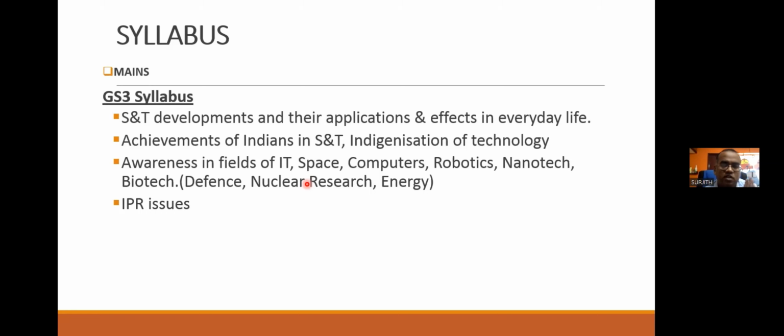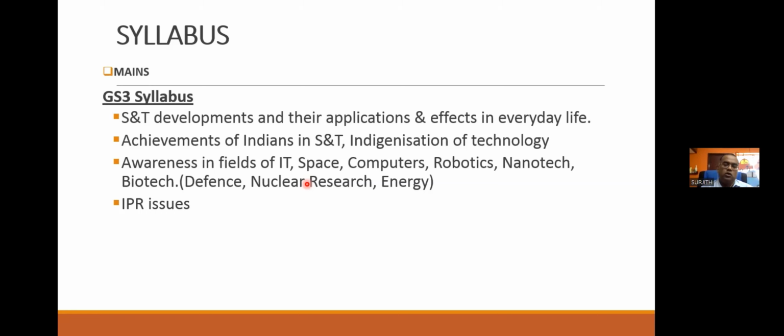So these are the 5 headings: what it is, advantages, disadvantages, applications, and issues surrounding it. Don't study anything beyond these 5 headings. Only these 5 things need to be focused on.